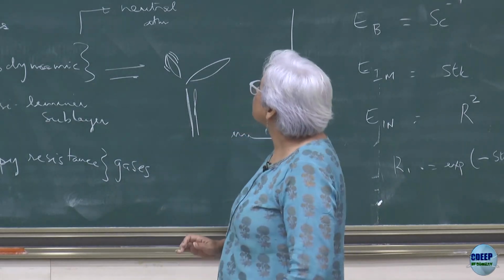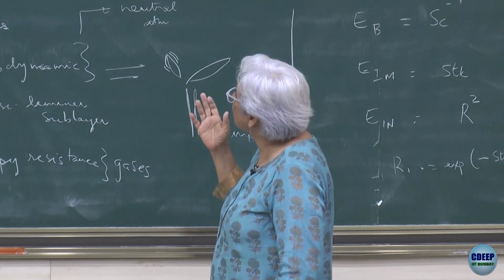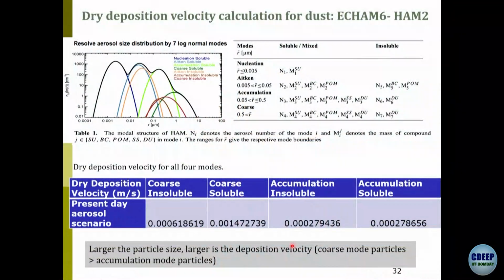But yes, so we are looking at dry deposition velocities in meters per second. Centimeters per second is going to be of the order of 0.1 centimeter per second, 0.05 centimeter per second, etc. Deposition velocity is over here, and the larger the particle size, the larger the deposition velocity.